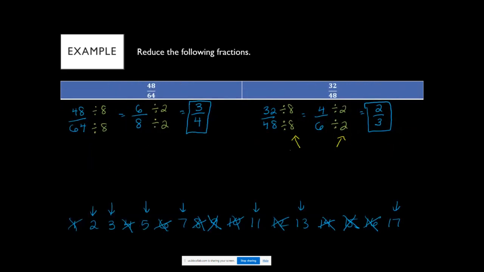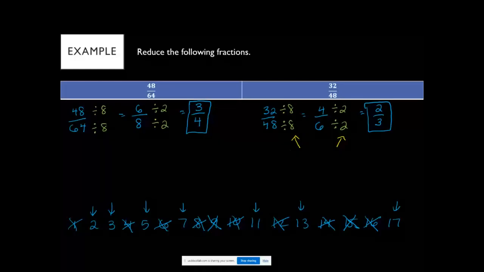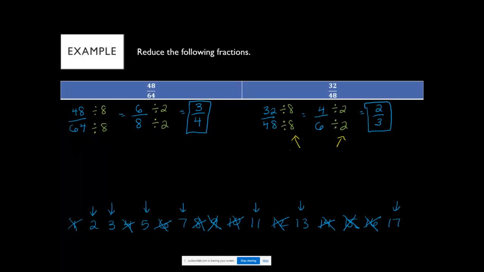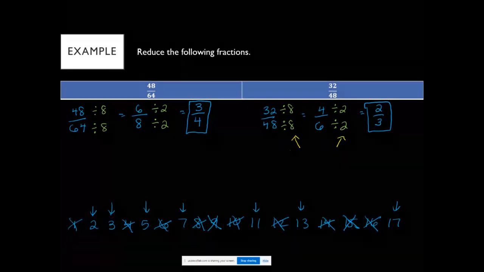But if your digits, like let's take the number 32 here, 3 plus 2 gives you 5, so that doesn't work. But if it had added up to 9, that means you can divide the number by 9. Tricks like that are called divisibility tricks, and they allow you to check whether a number goes into it.